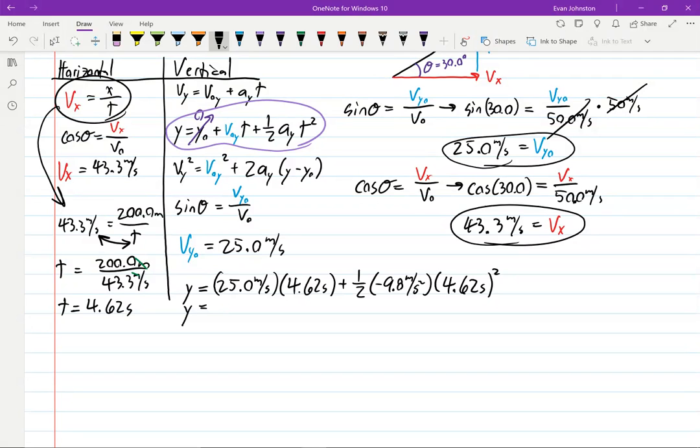You could be that person who multiplies these two and has a new term and then combines them. But you're going to put in more room for weird rounding mistakes to happen. So I just do 25.0 times 4.62 plus 0.5 times negative 9.8 times 4.62 squared, and this gives me a y value of 10.9.